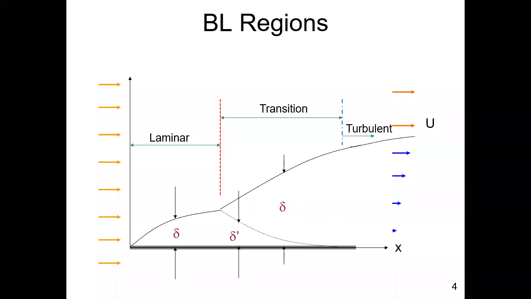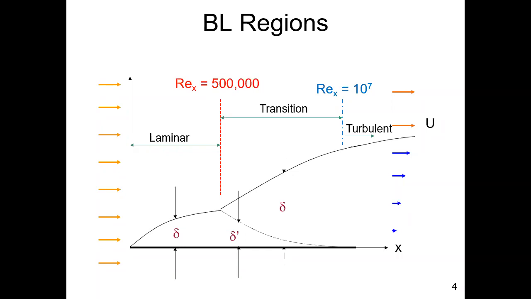When we have both of these components, turbulent over laminar, we call that a transition boundary layer. And then lastly, at very high Reynolds numbers, the laminar sublayer disappears, and we have an entirely turbulent boundary layer. And again, for a flat plate, we know where these zones more or less occur.